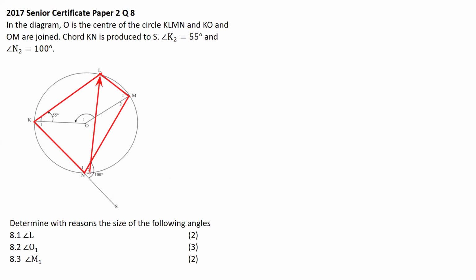It will be equal to L, the opposite interior angle. That's a theorem from grade 11 again. So L is equal to 100. Your reason: exterior angle of a cyclic quad. That's L. I'm good.